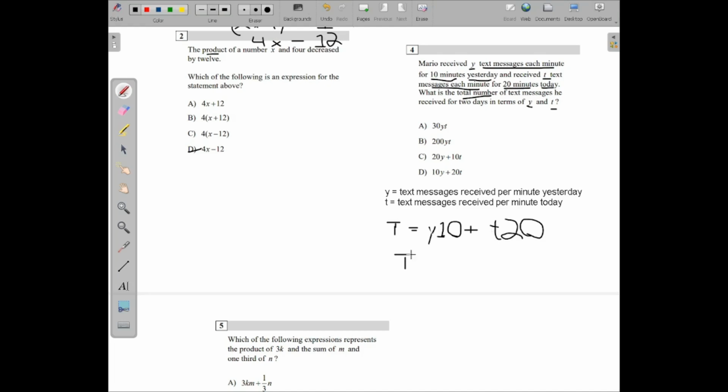We can organize this equation: 10 times y plus 20 times t. That's the total, which is answer D.